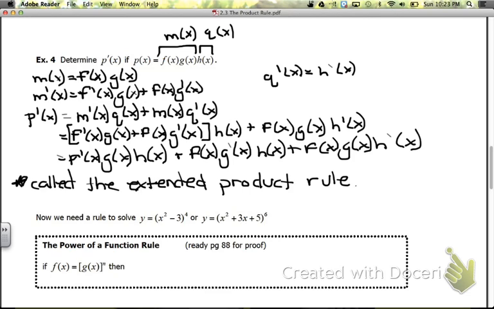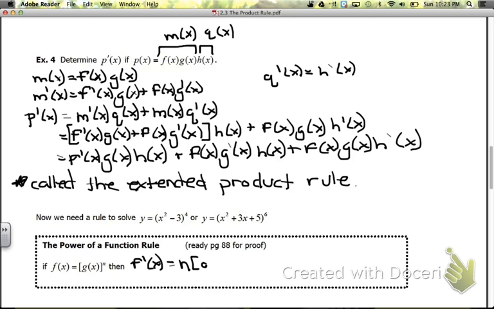So if f of x is equal to g of x all to the power of n, then our f prime of x is equal to n. So you're just bringing down the exponent, just like when we were talking about our different rules yesterday.